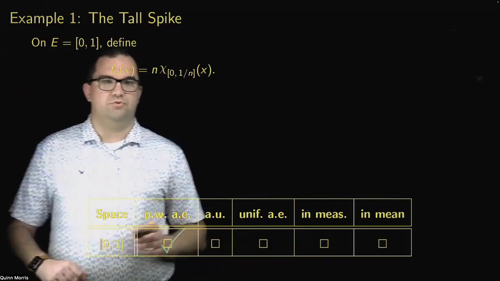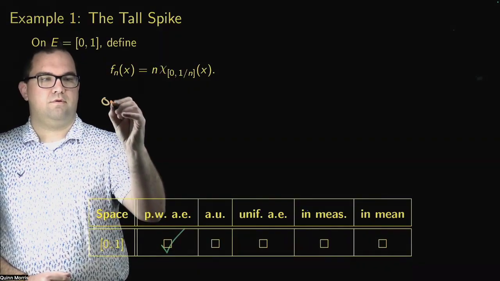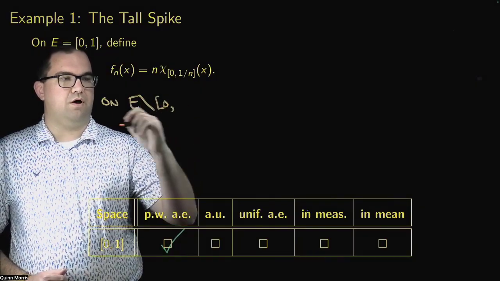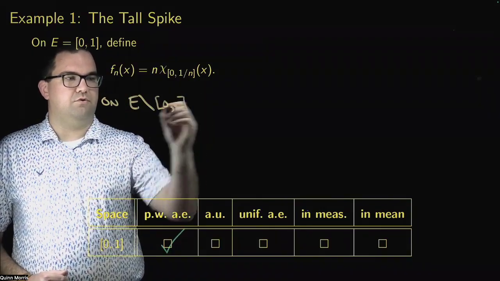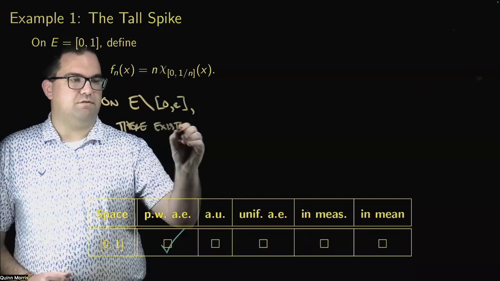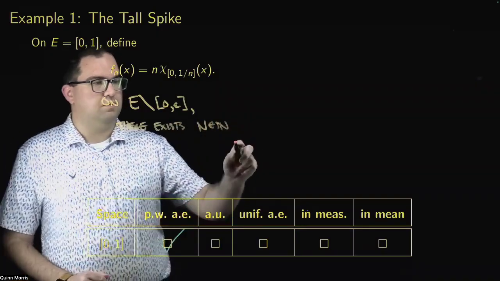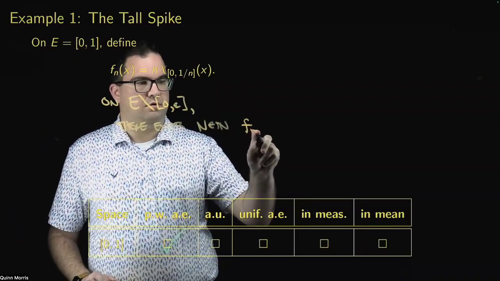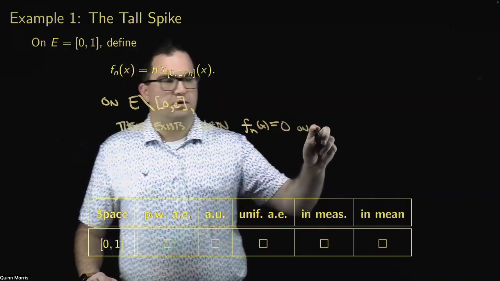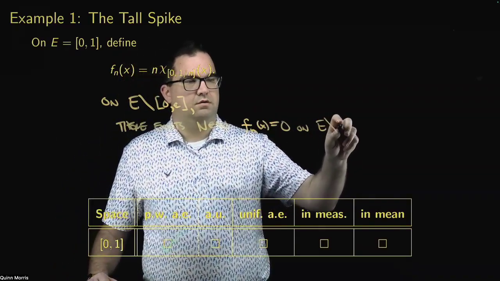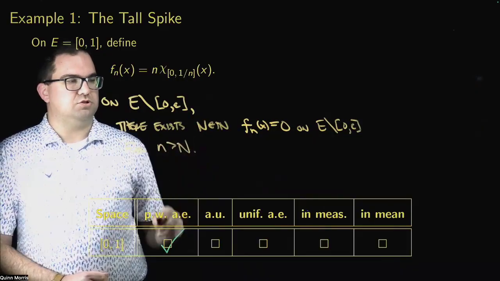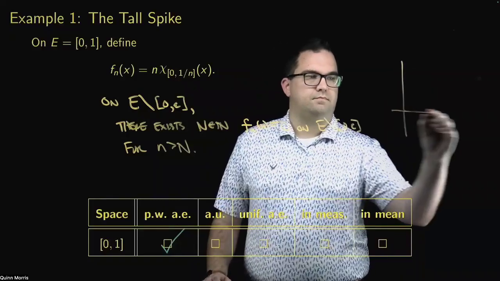So why does this converge almost uniformly? Well, if I look on the interval E, but I delete the interval, say, 0 to epsilon, for any epsilon, then there exists some natural number capital N, such that f sub n of x is actually just equal to 0 on E delete 0 epsilon for all little n greater than capital N. So what happens here is you pick whatever epsilon you want, right?